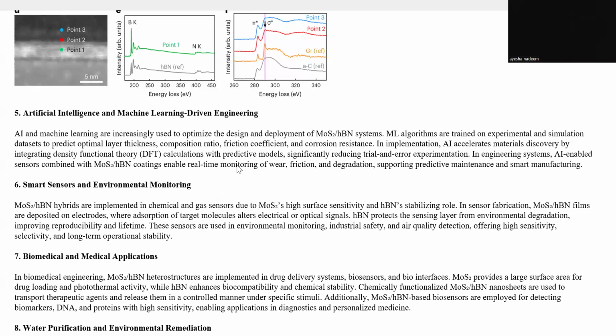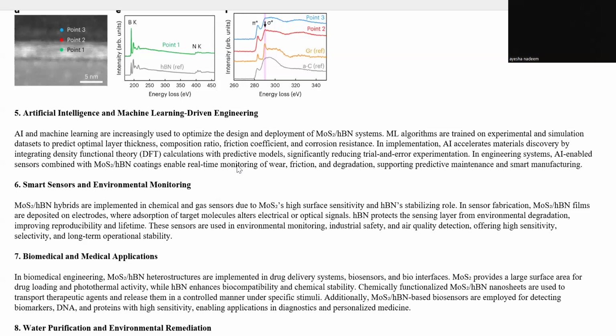Molybdenum disulfide and hexagonal boron nitride hybrids are implemented in chemical and gas sensors due to molybdenum disulfide's high surface sensitivity and hBN's stabilizing role in sensor fabrication. Molybdenum disulfide and hexagonal boron nitride films are deposited on electrodes where adsorption of target molecules alters electrical and optical signals. hBN protects the sensing layer from environmental degradation, improving reproducibility and lifetime.